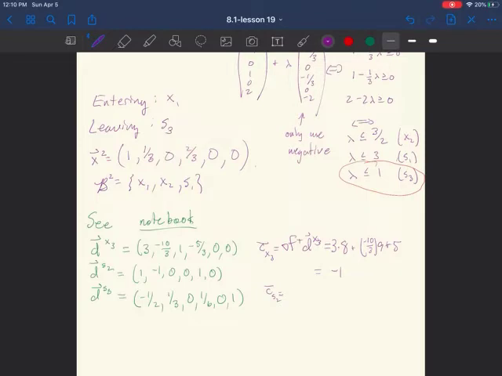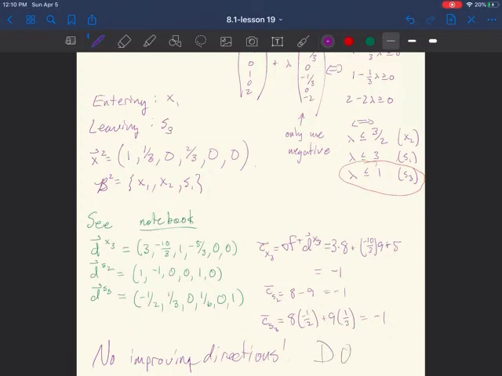C bar s2 equals, let's see, 8 minus 9, which is equal to minus 1. And C bar s3 equals 8 times minus 1/2 plus 9 times 1/3, which equals minus 1. And guess what? There's no improving directions. We are done. Yay.